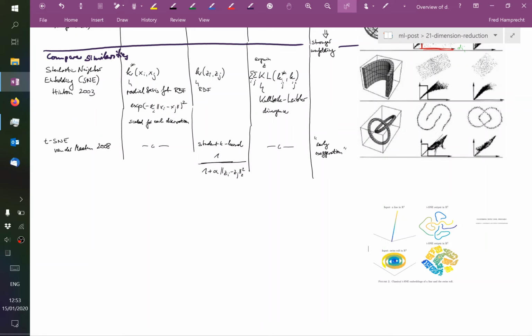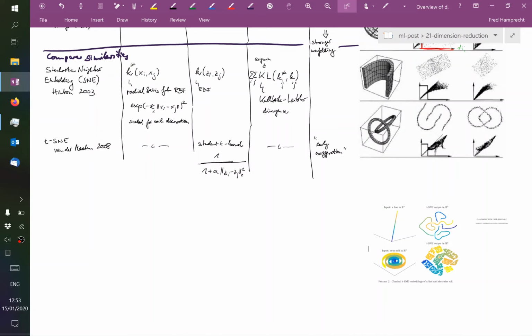by the way, in these optimization problems, the way I've written it, we've always been minimizing over all coordinates in this low dimensional space. So if we want to embed 1,000,000 points, then we have 2,000,000 coordinates to optimize over, because each point has 2 coordinates. That is a lot.